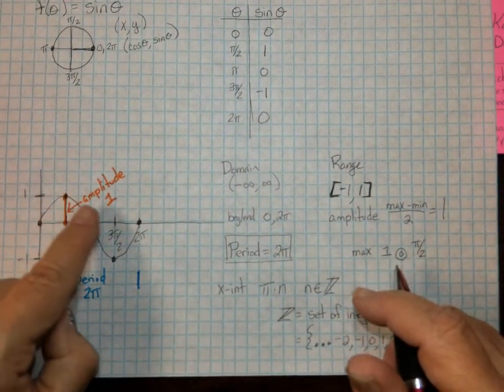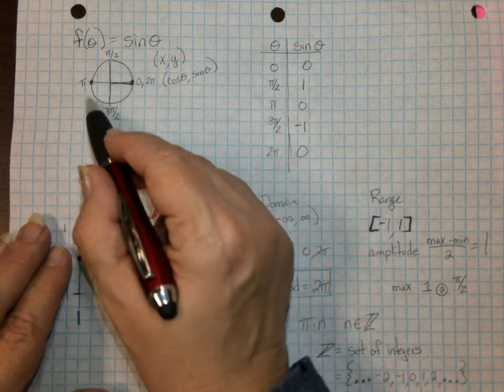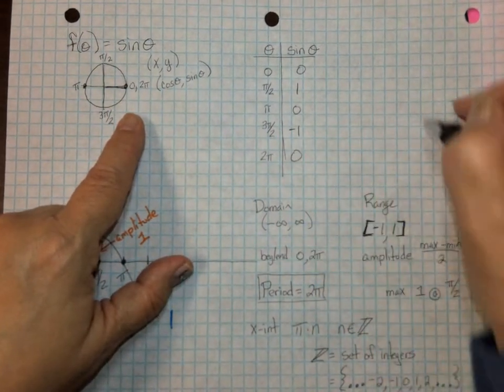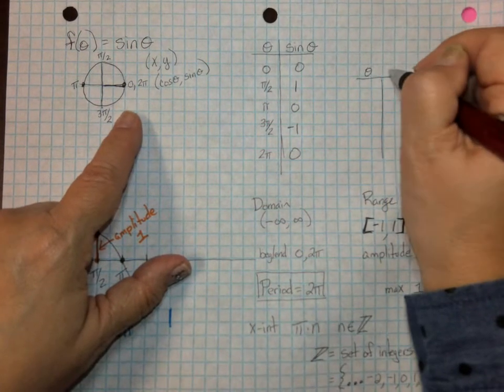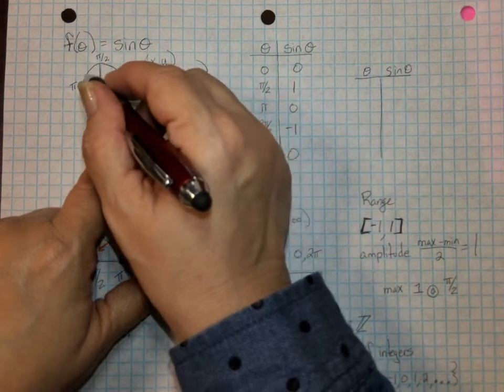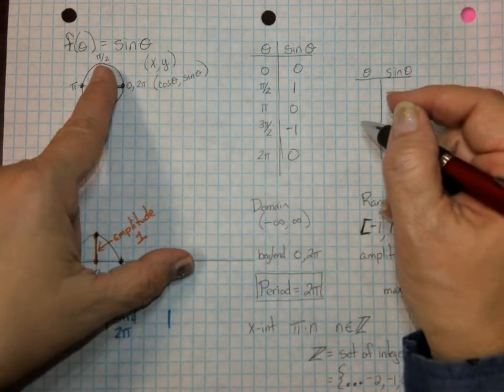Let's go ahead and think about where some of these other points are. Let's basically take another lap around our unit circle. So, I would put this down here, but I ran out of space, so I'm just going to continue my table here. Theta, sine theta. If I go all the way around the unit circle once, and then I go to make a second loop, right?